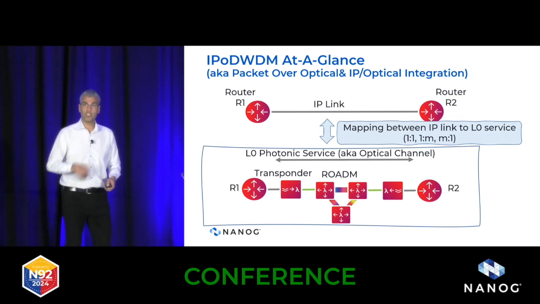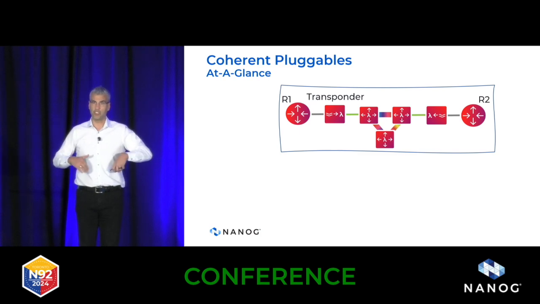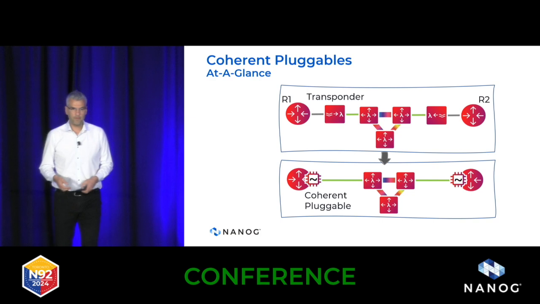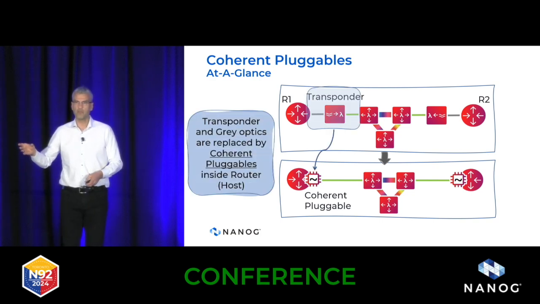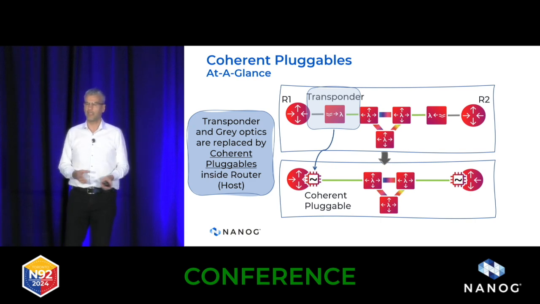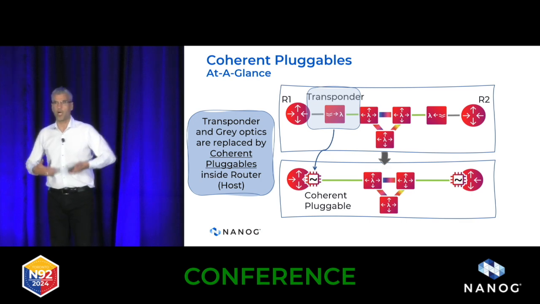Now, let's go one step further. I have the optical network as an underlay connecting two routers together. Now, if I take the transponder and the gray optics and put them inside an entity called a pluggable. There are different names: coherent pluggable, plugs, optical pluggables.